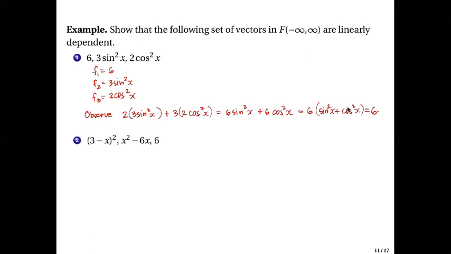So what does this mean? That is, you have 2 times your 3 sine squared x, that's your f2, so 2f2, plus 3 times your 2 cosine squared x, that's your f3, so 3f3. 2f2 plus 3f3 is equal to 6, and this is your f1.